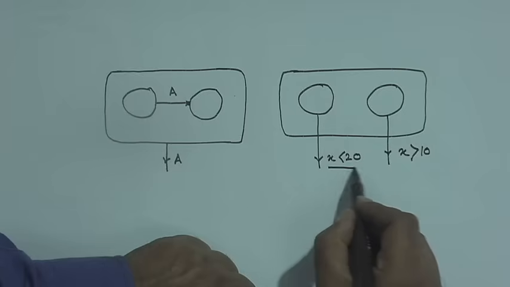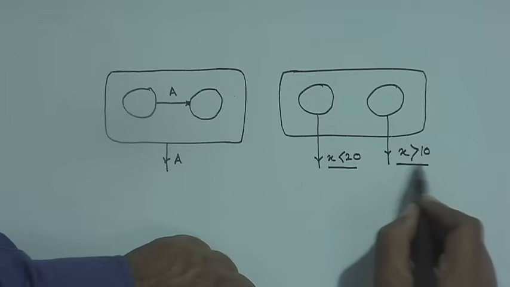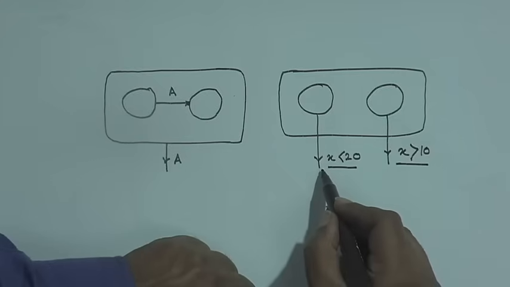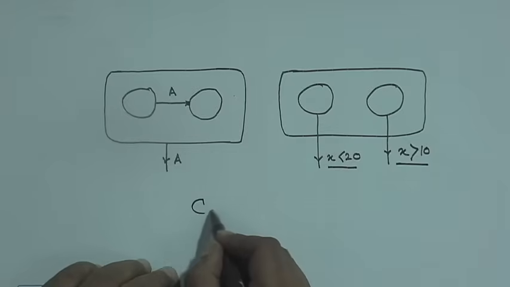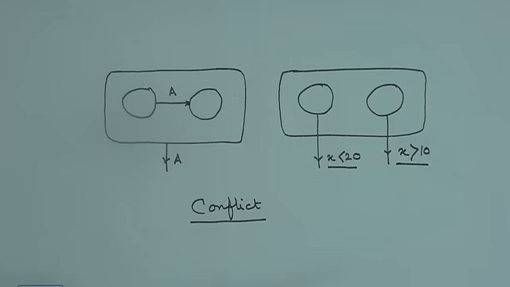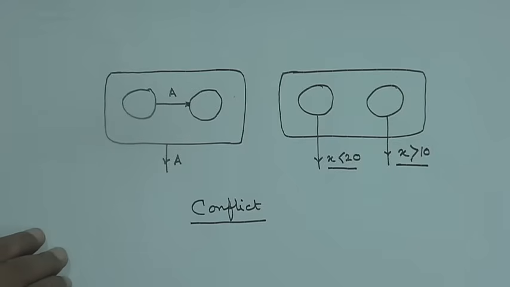Obviously, you can see, looking at these values, x is greater than 10 will certainly do this, but now when x is 15, then this can also take place. So, these are some conflict scenarios which do not allow us to guarantee that a statechart will always give me deterministic or determinate results.